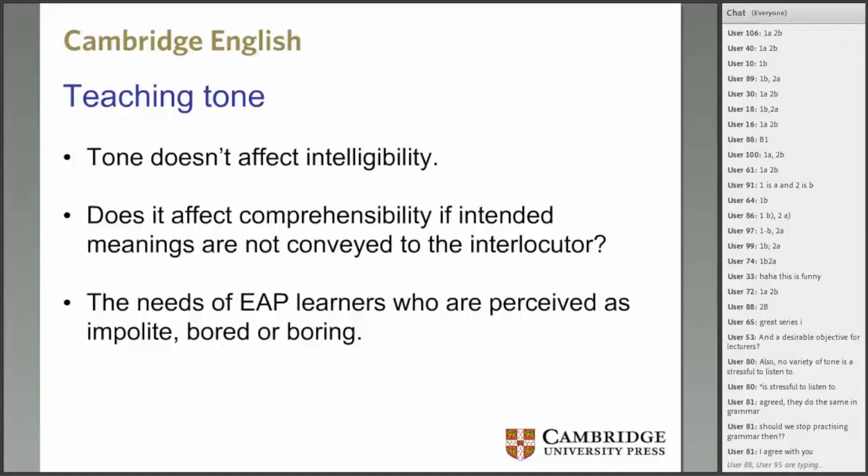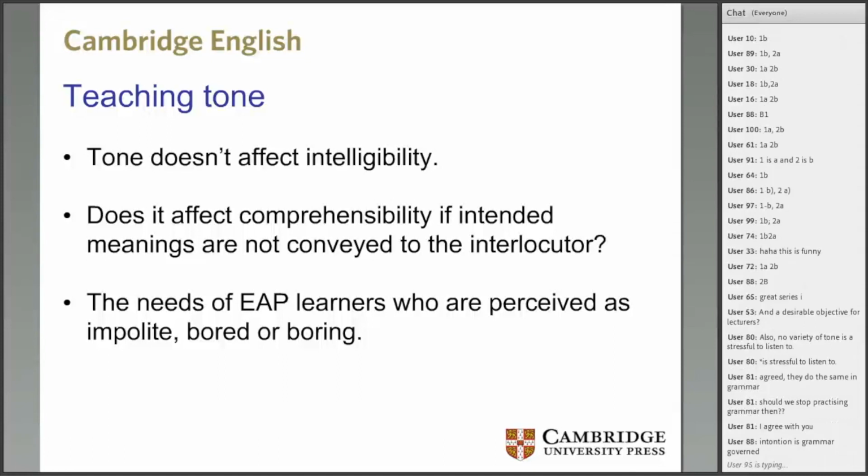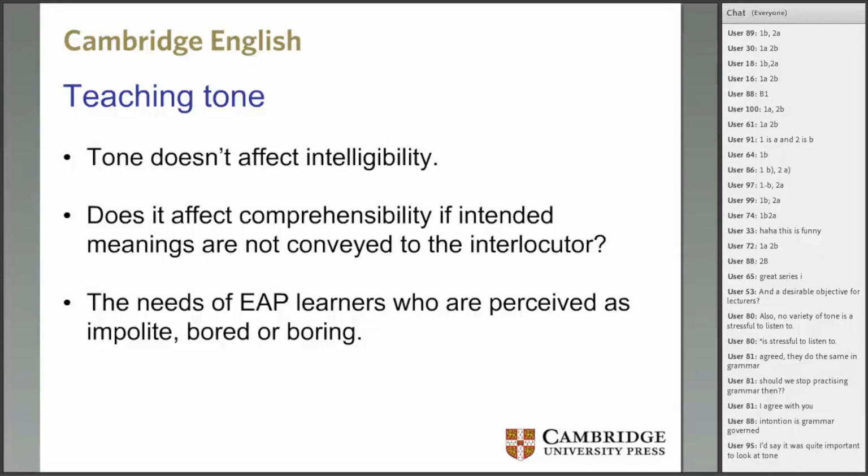So clearly, teaching tone does not affect intelligibility. Students will still be intelligible according to the definition that we've looked at previously. But I do wonder, does it affect comprehensibility if intended meanings are not conveyed to the interlocutor?